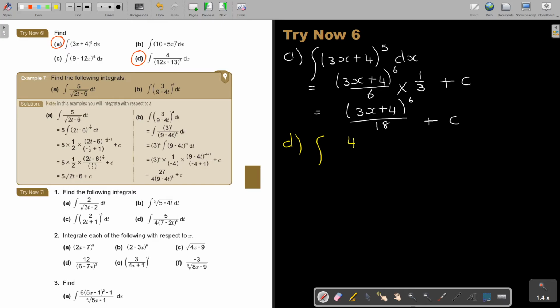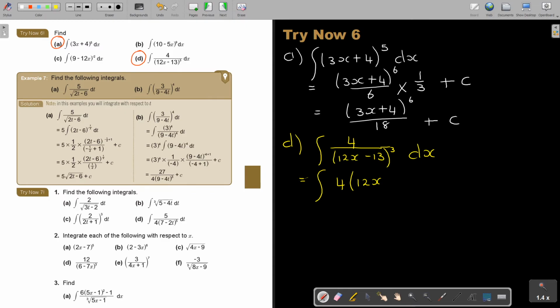Then I'm going to do number D. It's 4 over (12x minus 13) to the power of 3, dx. First I keep the integral sign because I must bring this bracket up.